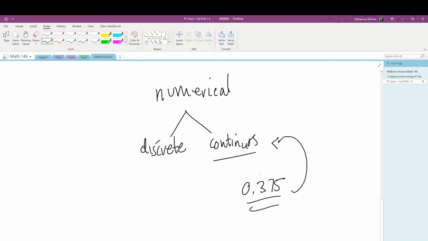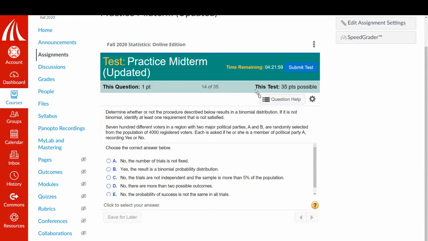These types of numbers are continuous. Discrete numbers are whole numbers. But either way you go, they're all under the umbrella of numerical. So we were fine there when we said that. In the last problem, they don't let us go back. We should be able to go back if we wanted to.